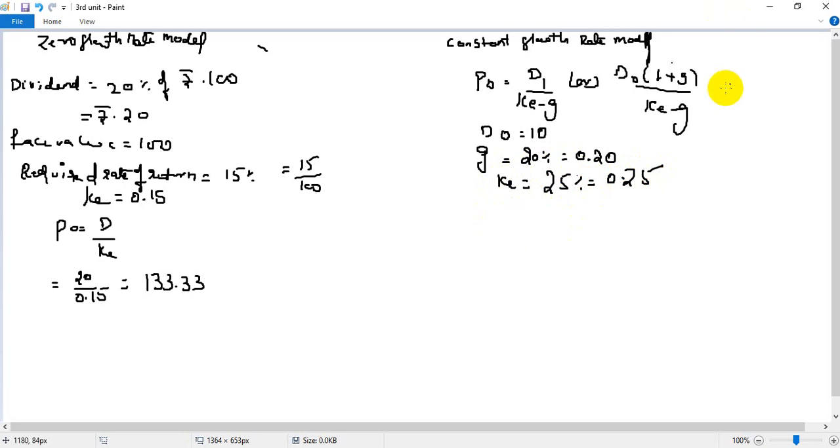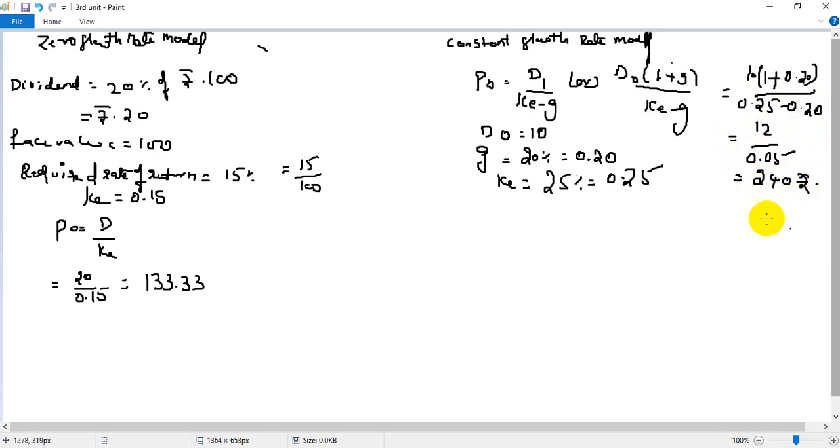Now let's substitute in this. 10 into (1 plus g), which is 0.20, divided by 0.25 minus 0.20. So it will come to 12 divided by 0.05, which is 240 rupees.